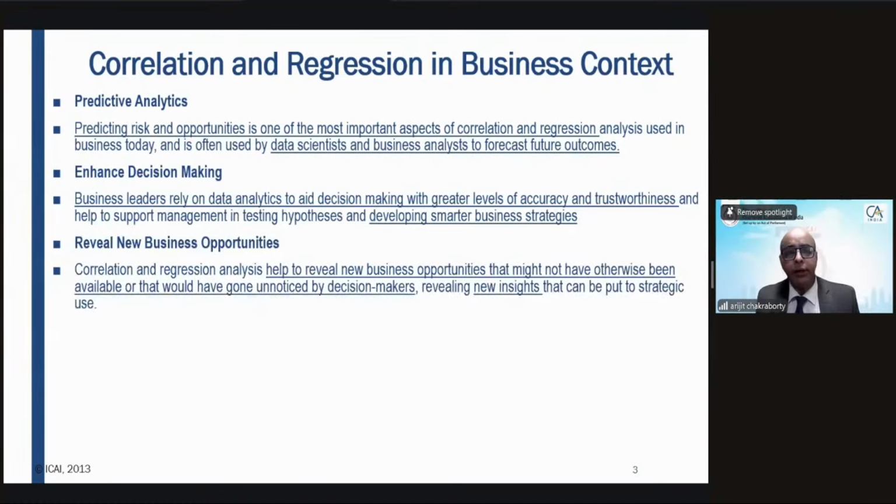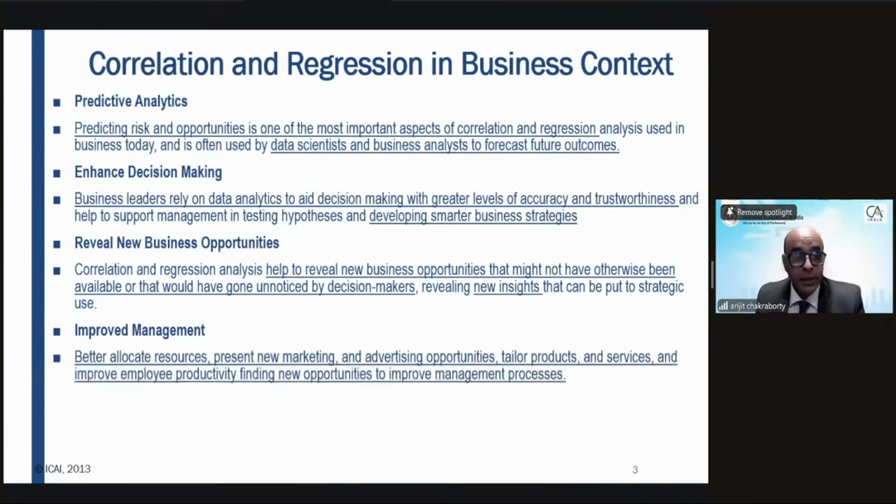Similarly, business leaders want to identify कहाँ पे opportunity है. Startup companies want to find out कि भाई, is there any new opportunity in particular sectors? So correlation and regression help you to identify new types of business opportunity, revenue model, नया business model बनाने में ये सहायता करती है. Lastly, you have improved management, resource allocation.